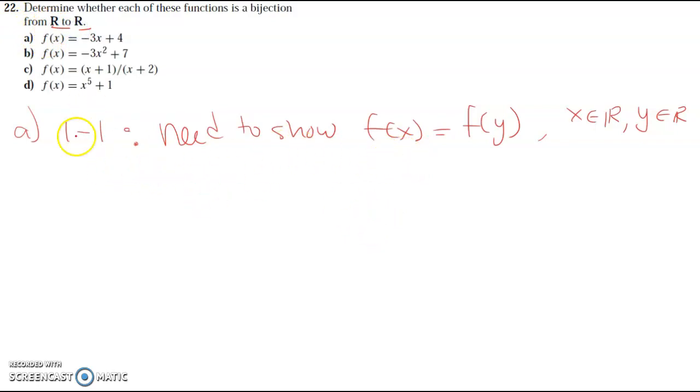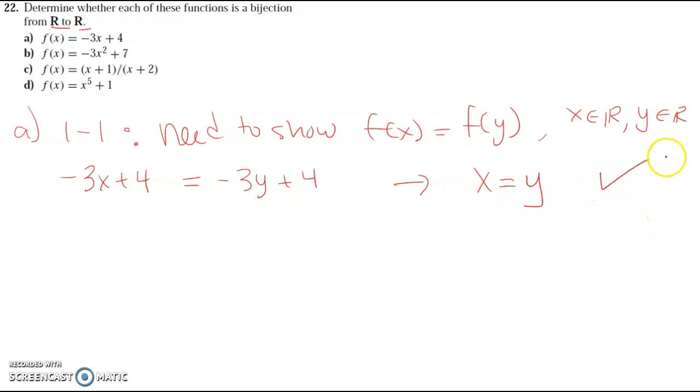All right, so what's f of x? F of x is -3x plus 4, and we have to prove that there will be a unique value of y. So f of y is going to be -3y plus 4. Subtract 4 from both sides, divide both sides by -3. We get x equals y.